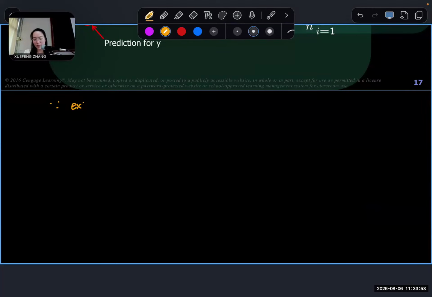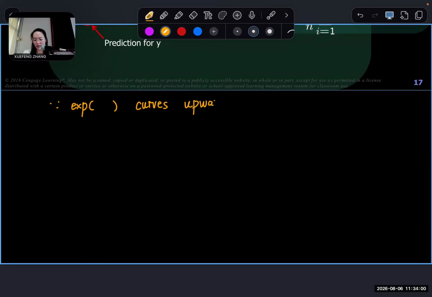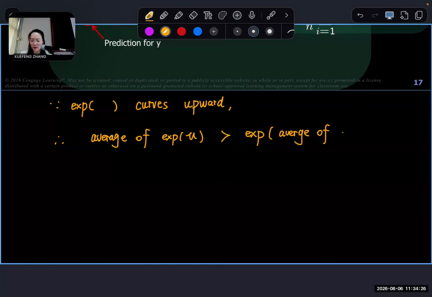Because the exponential function curves upward, the average of exponential of mu is always bigger than the exponential of the average of mu.